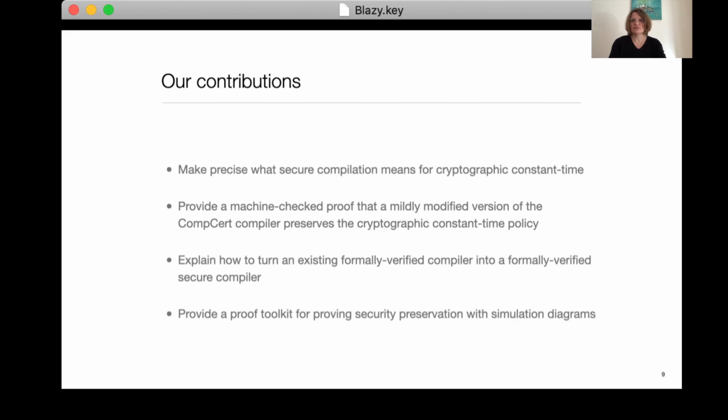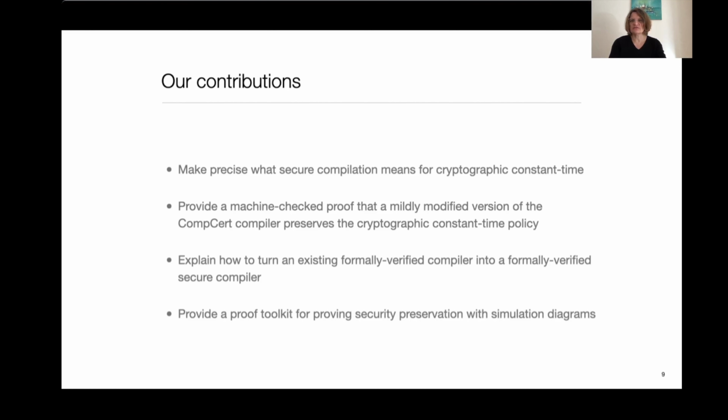So starting from CompCert, we first define precisely what secure compilation means for constant time. Then we prove that a mildly modified version of CompCert preserves the constant time policy. I will explain how we turned CompCert into a formally verified secure compiler.